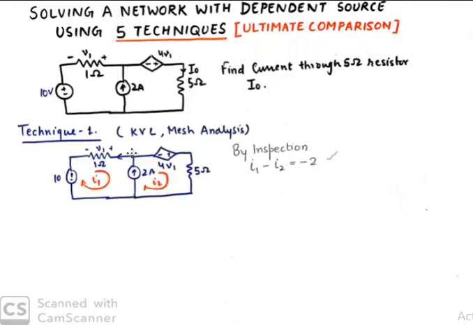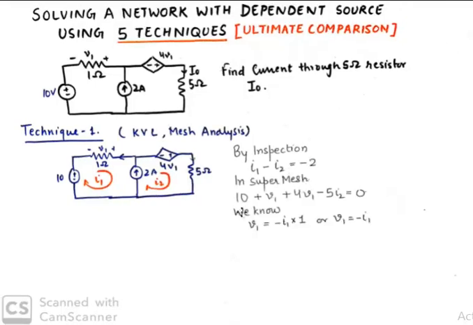And because of this branch which has a current source in it, we cannot make loop equations for these two individual loops. So we'll take up a super loop. So in super mesh, let's begin from this element.